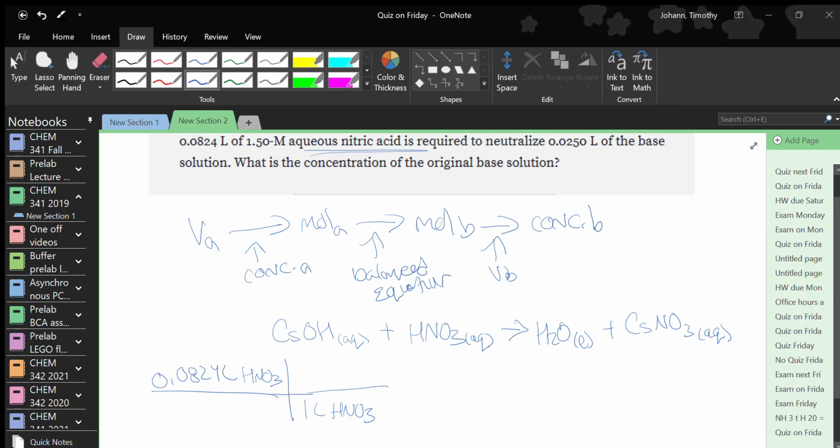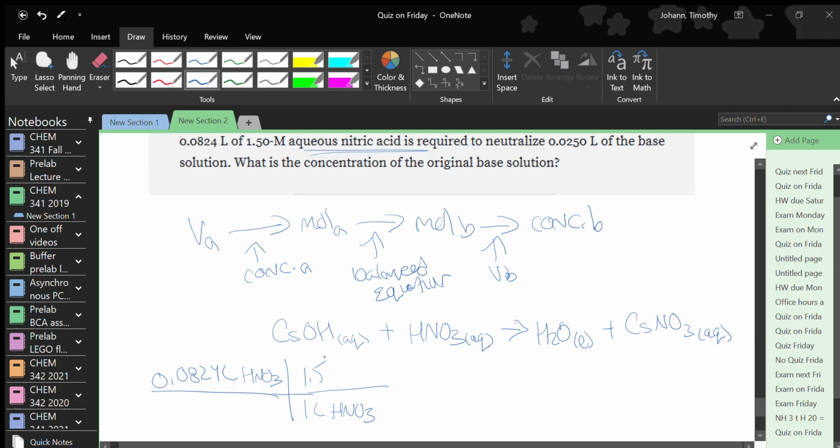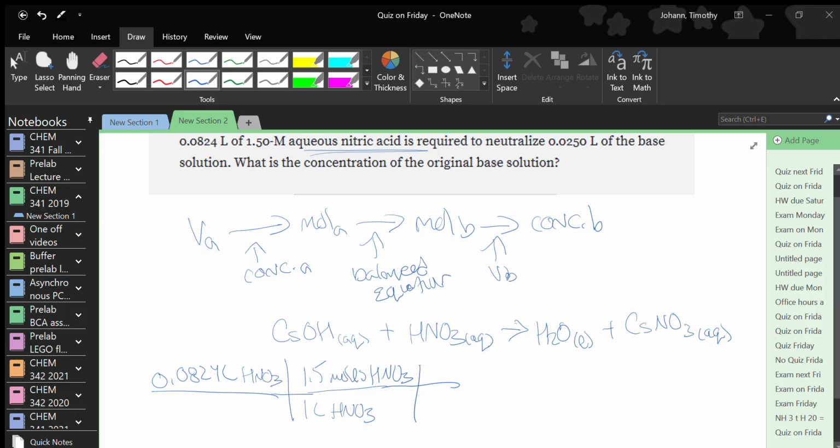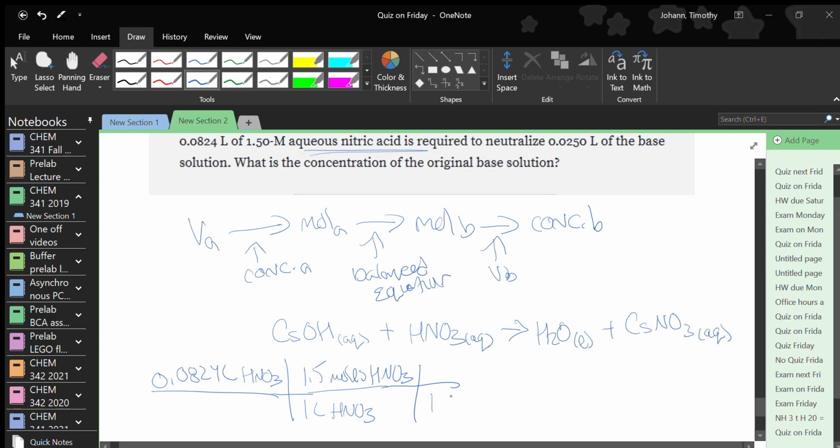Okay, that's a conversion factor. 1.5 moles of HNO3. Okay, if I have 1 mole of HNO3, how many moles of cesium hydroxide does it react with? 1. Okay. So 1 mole HNO3 reacts with 1 mole of cesium hydroxide.